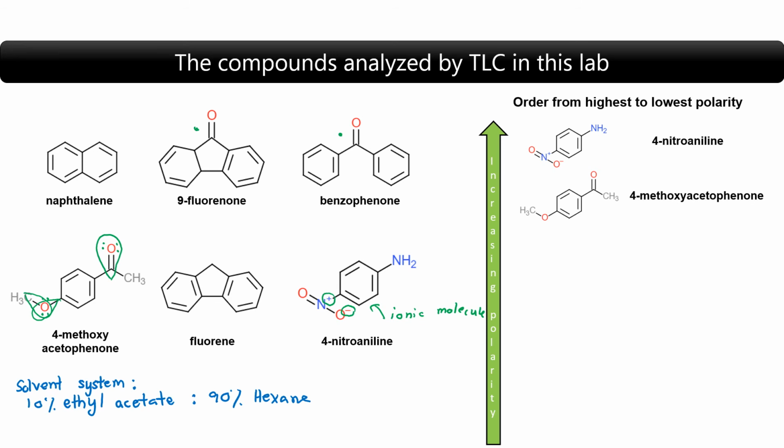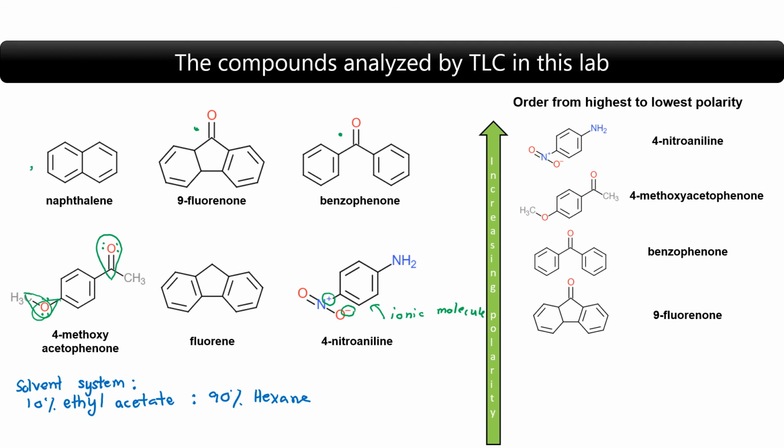Benzophenone has fewer carbons than 9-fluorenone, so that means fewer nonpolar groups in benzophenone, which gives benzophenone a slightly more polar property compared to 9-fluorenone. So they would be in line to be the next highest polar compounds.